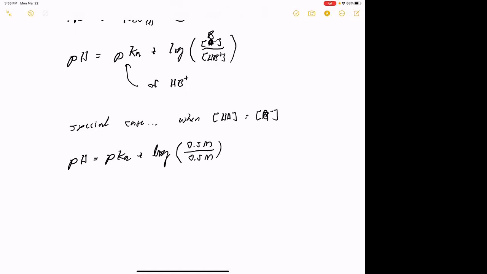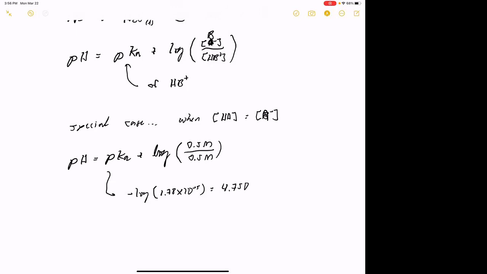And we can calculate the pKa. pKa is just equal to the negative log of 1.78 times 10 to the minus fifth, which happens to be what? What did you get when you take that negative log? That would be 4.750. Sounds familiar, doesn't it?